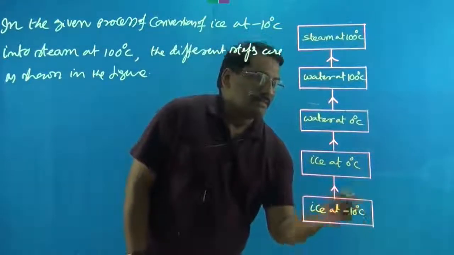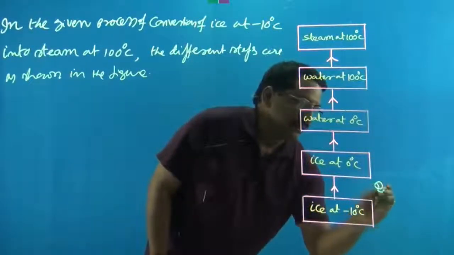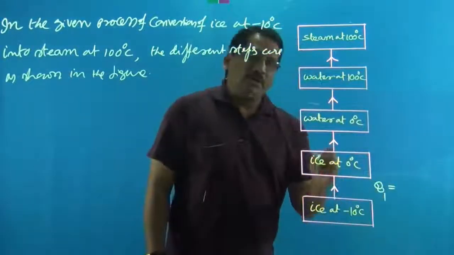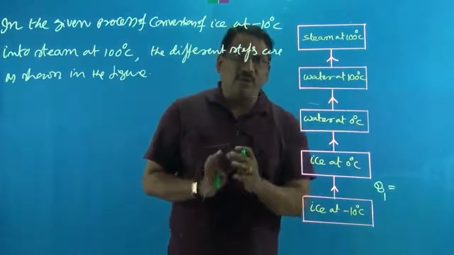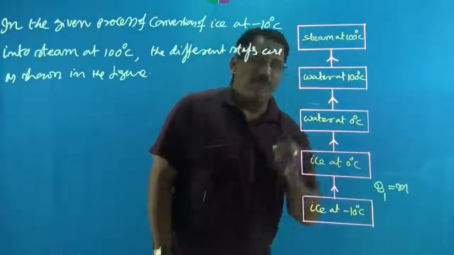Ice at minus 10 converting to ice at 0 degrees centigrade, the amount of heat that is required, say Q1, is equal to mass of ice. In all these cases it is given as 1 gram, but as a notation let's use m grams of ice being involved in the process.